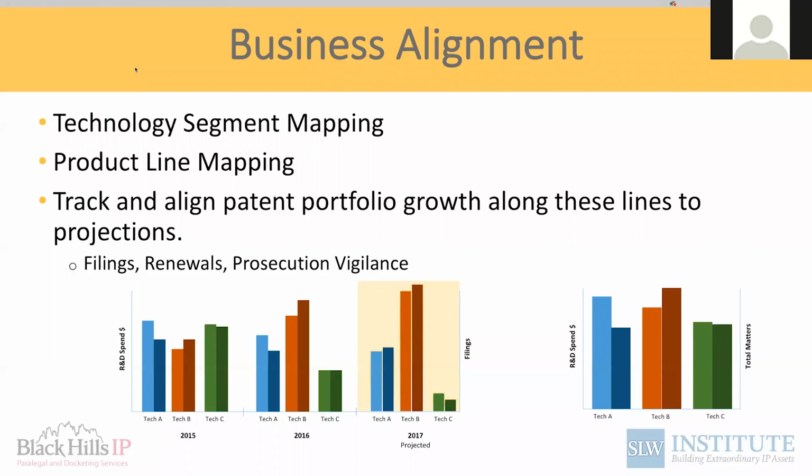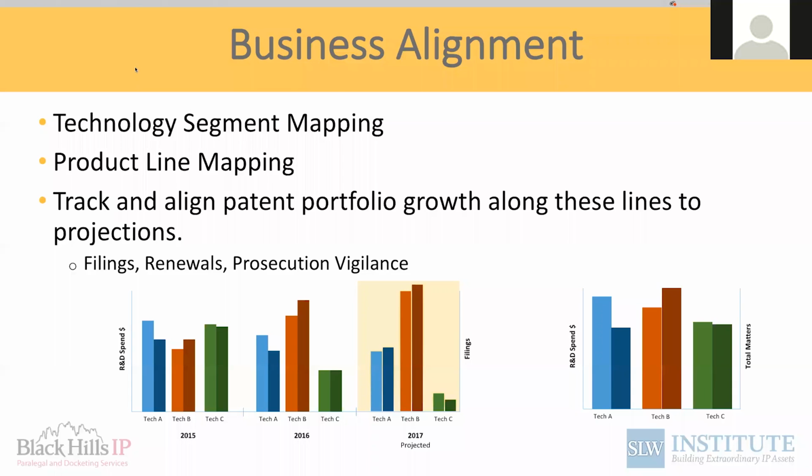These graphs focus on R&D spend and technology categories. You can graph similarly using the same axes, but swapping out R&D spend with product sales data and swapping out the technologies A, B, and C with product A, product B, product C as they're mapped to the patents in your portfolio, and strive to match the patent filings related to different product groups with essentially the value of those products and the product sale numbers.